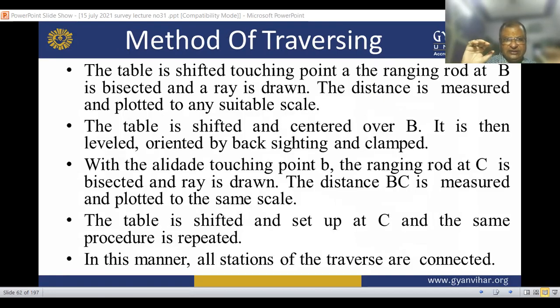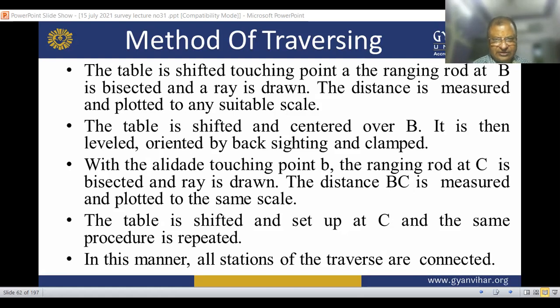The table is shifted, and touching point a, the ranging rod at B is bisected and a ray is drawn. The distance is measured and plotted to any suitable scale. The table is shifted and centered over B. It is then leveled, oriented by back sighting and clamped.